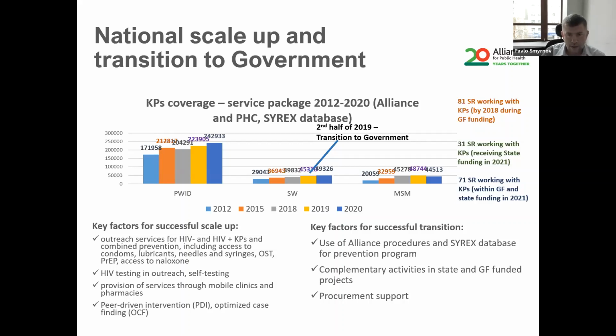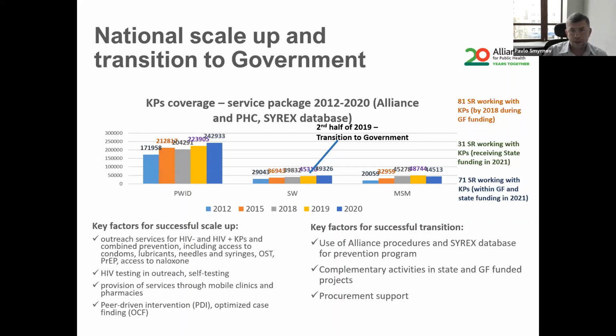There's a slight drop among the MSM population, but it was mostly related to some MSM community organizations that didn't want to participate in the government tenders. So we had new organizations coming in. They didn't have trusted access to this population. So there was some drop in coverage, but we're working on it and trying to build this trusted access to populations or engage community organizations in prevention work.